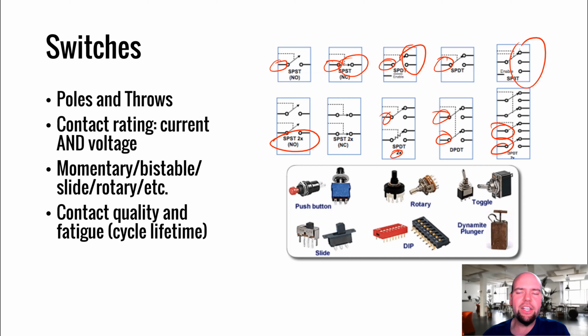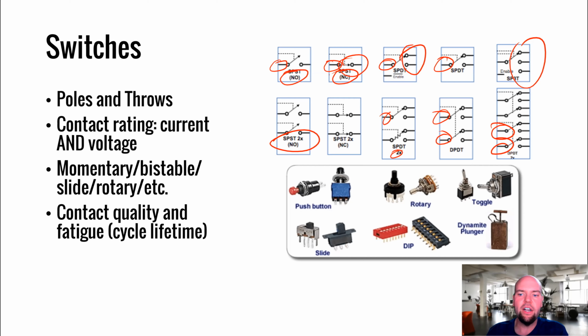There's lots of different styles of switches. A couple of things I want to mention also here: normally open versus normally closed. So a normally open switch is a switch in its default position. Sometimes the default position is there's a spring that holds it there. Sometimes the switch is actually getting a signal to do the switching event.